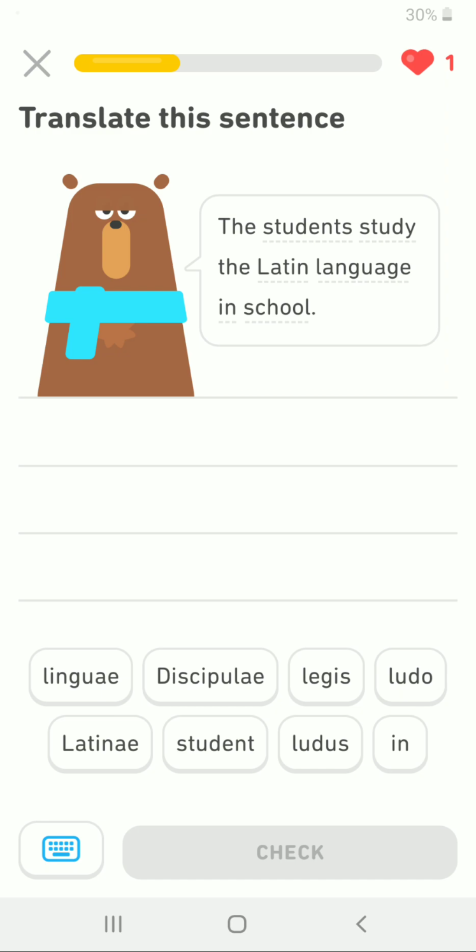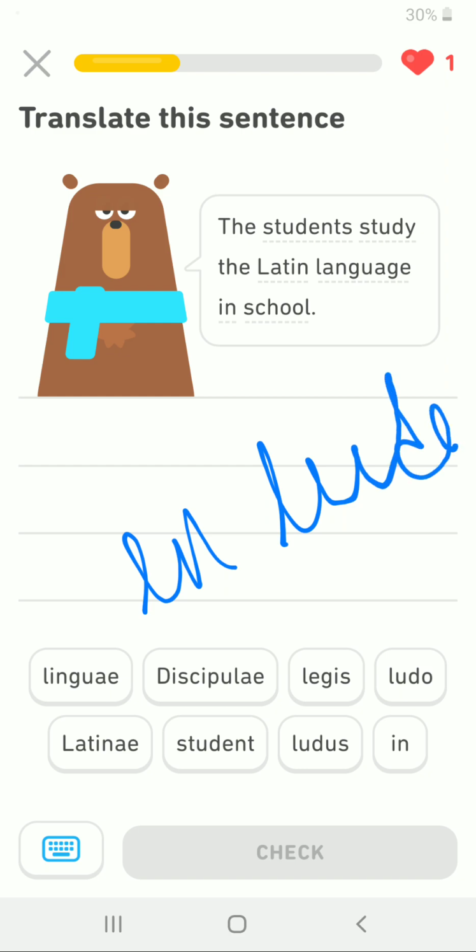So the students, this looks very messed up to me. In Ludo, I know it is in school. So in Ludo, it means in school.